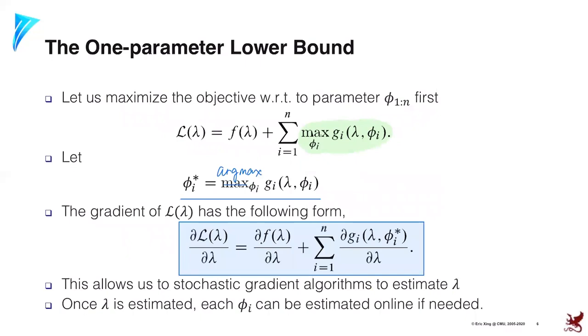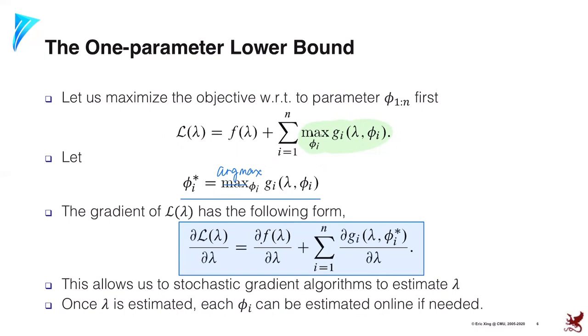And then we consider first optimizing the local parameters phi_1, phi_2, until phi_n. And we can let the optimizer of each data point be this argmax of g_i(lambda, phi_i). Note that in the original slide, there is a typo.